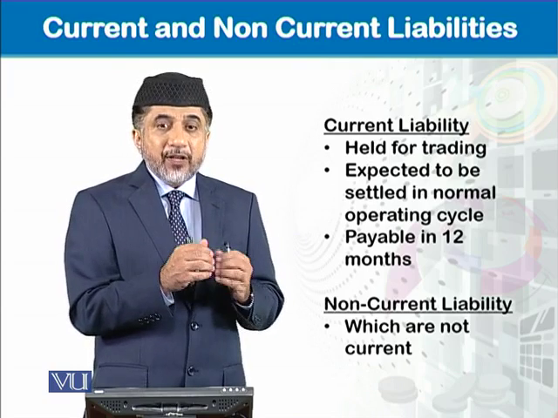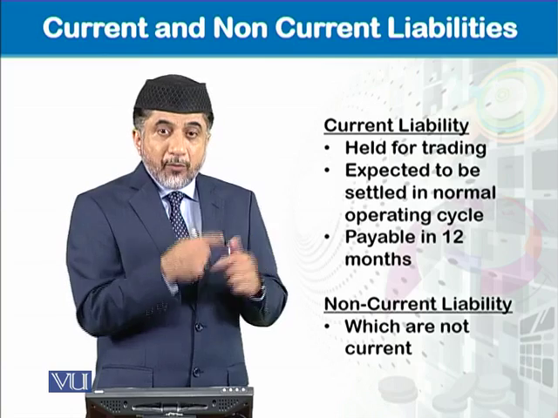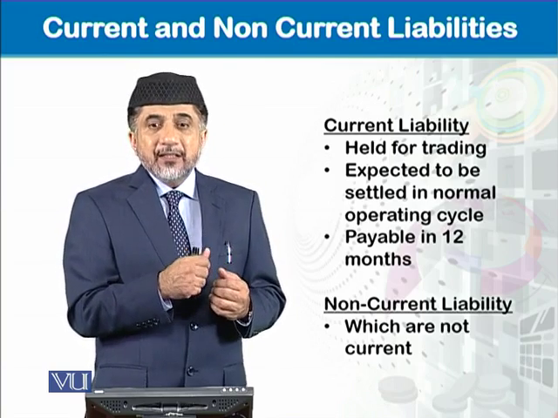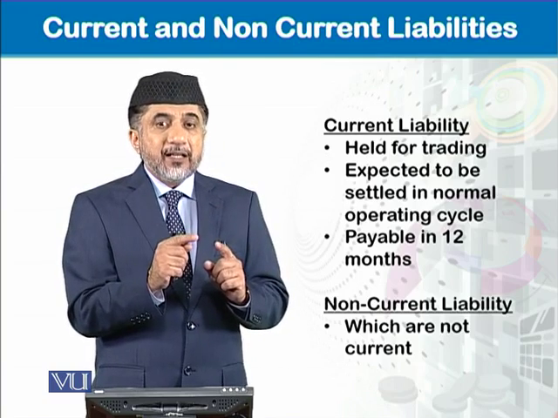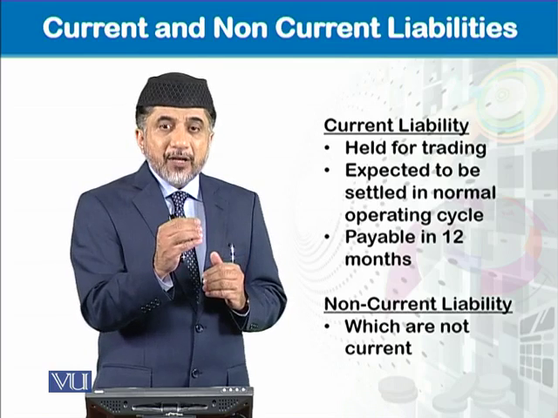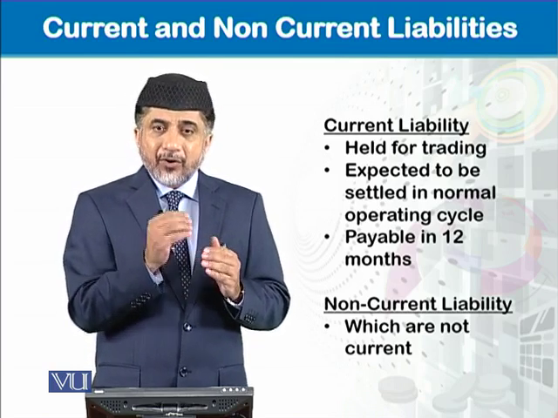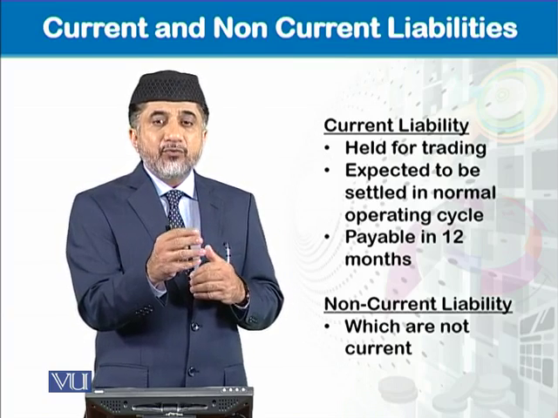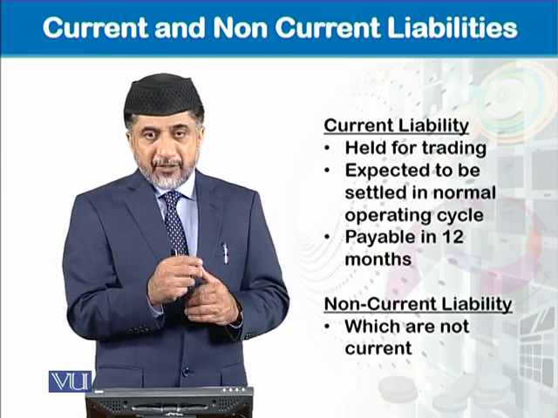The standard guides us that if the normal operating cycle is more than 12 months, then anything recoverable or settled in that normal operating cycle will be taken in the current asset or current liabilities classification.